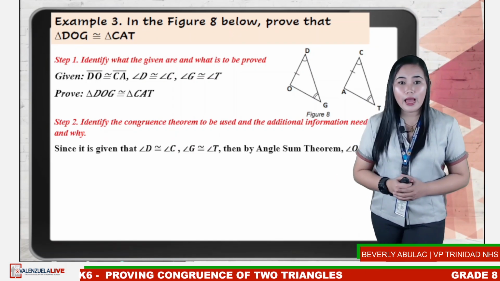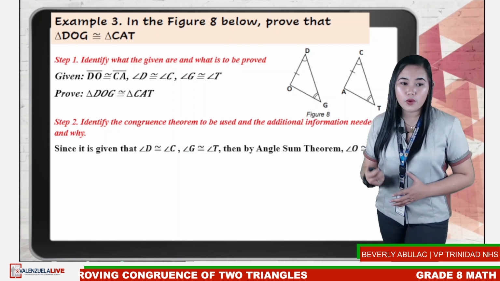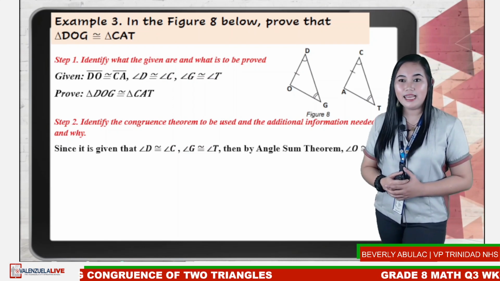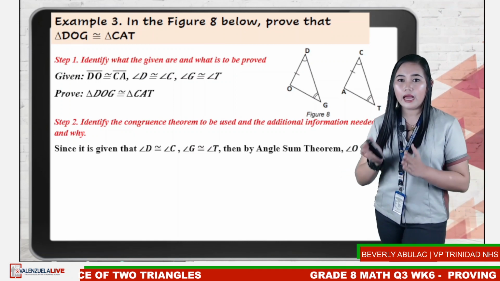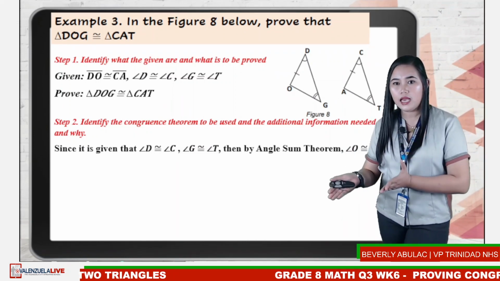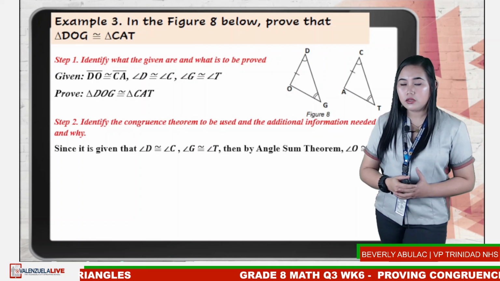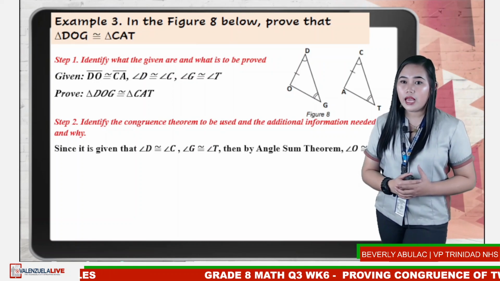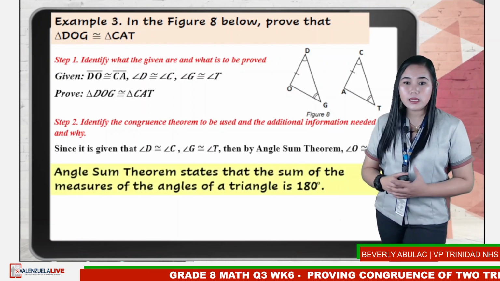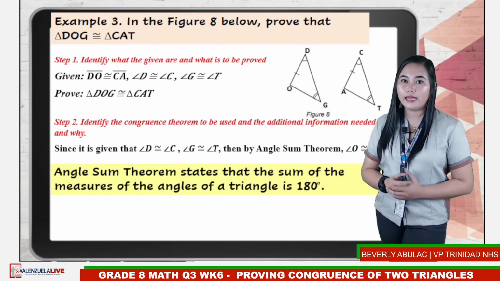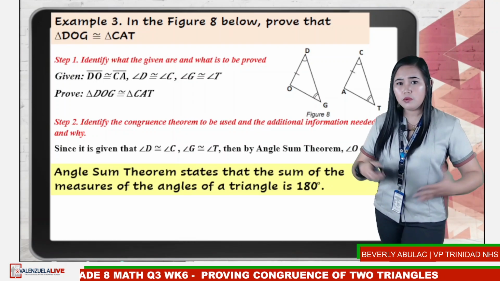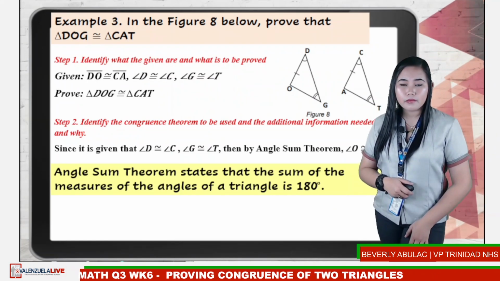The next step, again, we have to identify the congruence theorem to be used and the additional information needed and why. Now, since it is given that angle D is congruent to angle C, angle G is congruent to angle T, then by angle sum theorem, angle O is congruent to angle A. What does it mean when we say angle sum theorem?